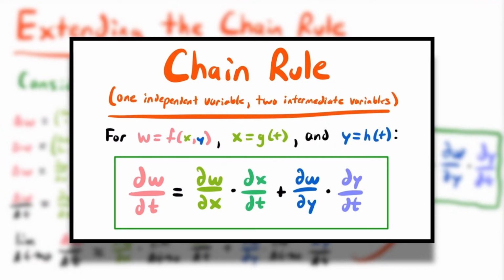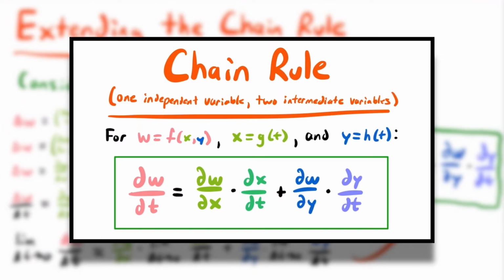For those three functions, the derivative of w with respect to t, the dependent variable with respect to the independent variable, is equal to the partial of w with respect to the first intermediate variable multiplied by the derivative of the intermediate variable with respect to the independent variable plus the partial derivative of w with respect to the second intermediate variable multiplied by the derivative of that intermediate variable with respect to t.